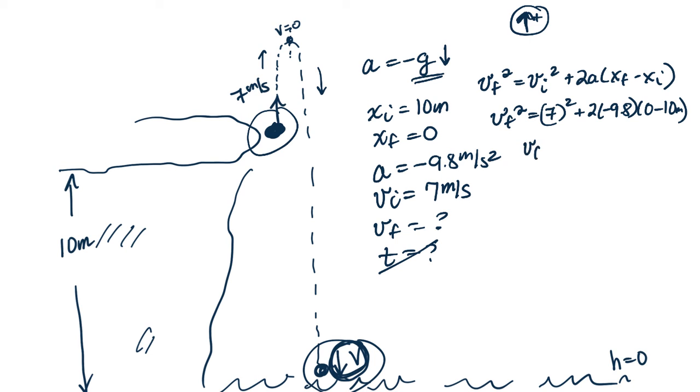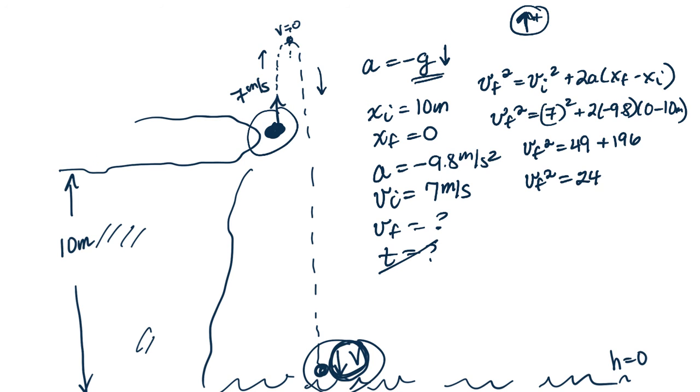And so I get v final squared equals 49, and then minus 2 times 9.8 is 19.6, times 10 is 196, and a minus minus is a plus 196. And I get v final squared is 49 plus 196, 245.